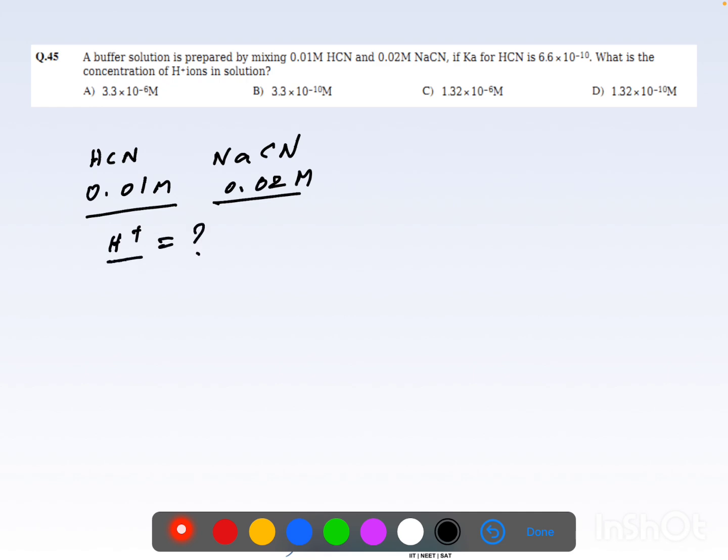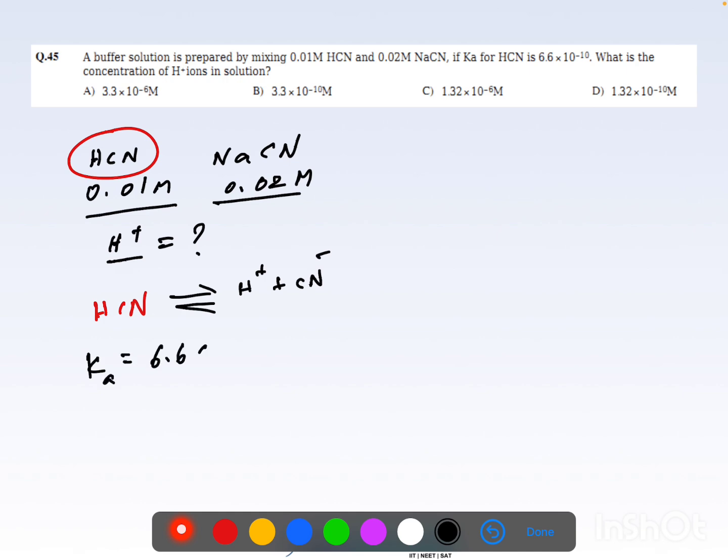Here hydrogen ion concentration is only due to HCN. So HCN dissociates as H plus and CN minus ions, and the Ka value for this is given as 6.6 into 10 to the power minus 10.